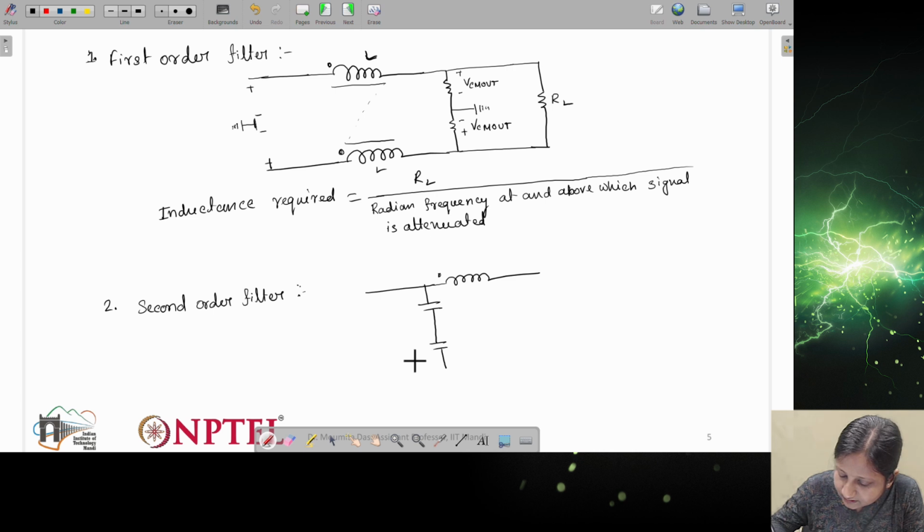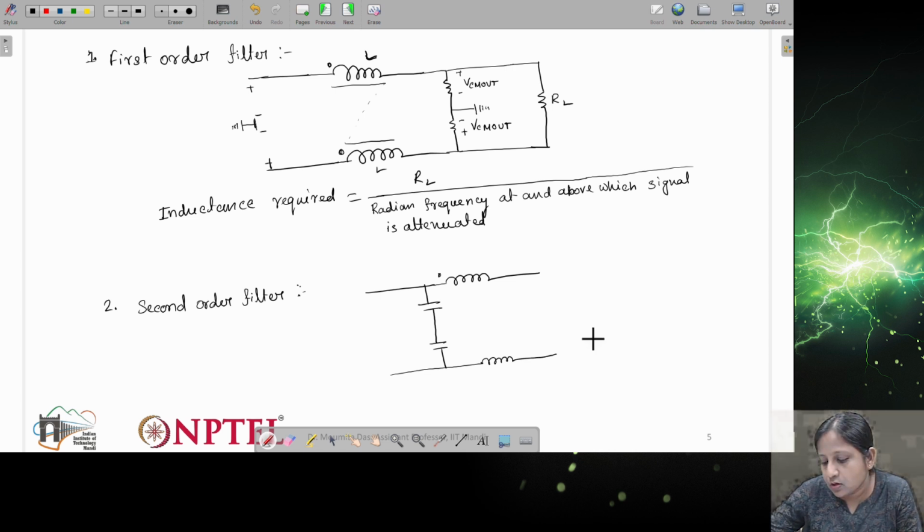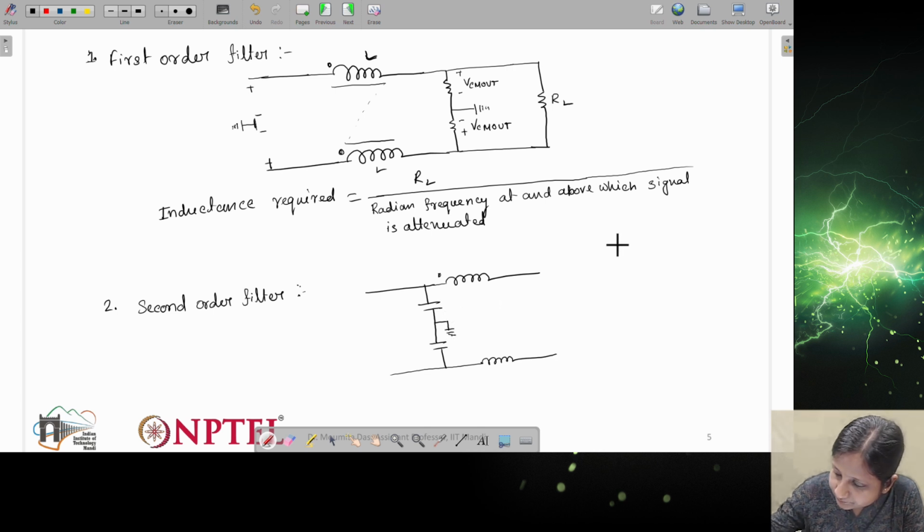So there will be two capacitors, one with respect to each line, because this common mode filter has to be connected to each line. Since two lines will be there, we have to consider two capacitors and two inductors like this. It will be connected to the resistance RL.